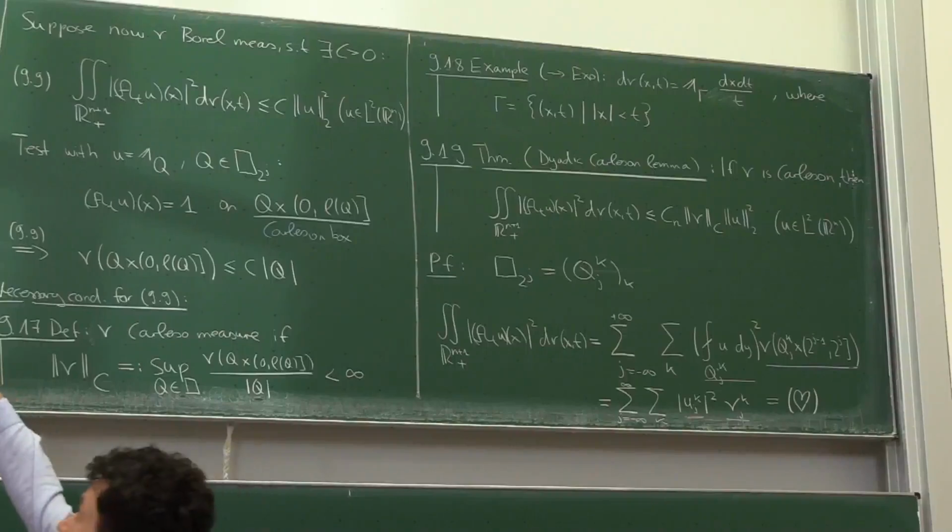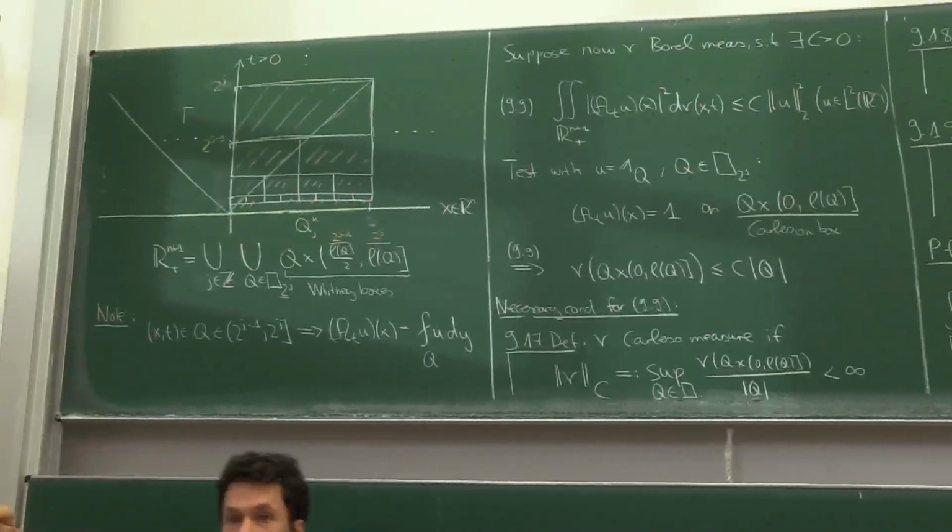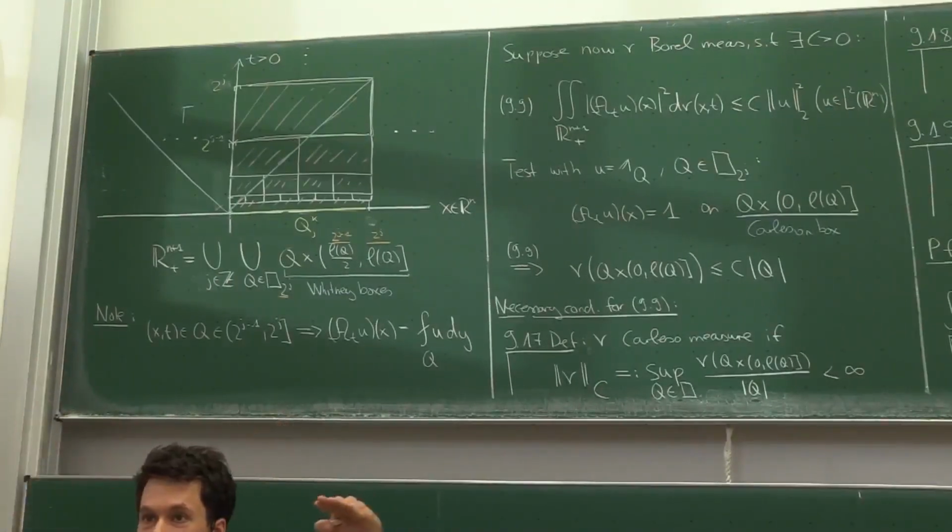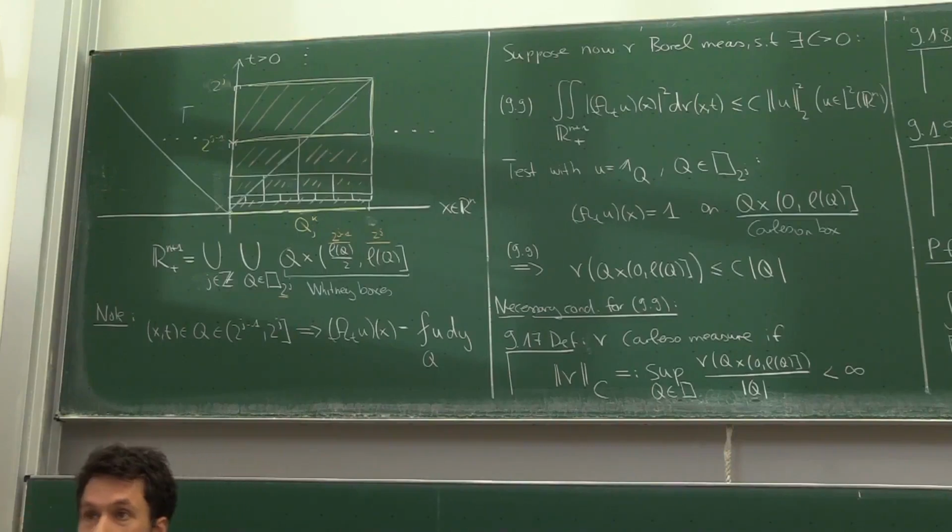I'm not working in the picture over there, but I work just at the boundary, and I not just have the one flat cube, but I also have all of these subcubes. So I'm summing a tremendous amount of times the same thing. And so therefore overlap is my enemy in this proof. I have to make sure that I'm not creating overlap before I use the Carleson condition.